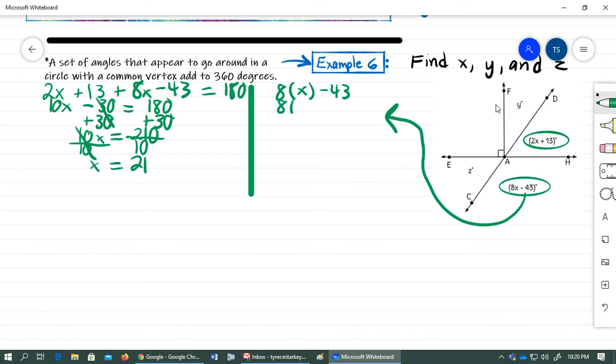Plug in our value of x that we just found, which is 21. 8 times 21 gives us 168, folks. I'm sure that's 168. And that's minus 43. So that's 168 minus 43. When you subtract 43 there, that gives you 125.